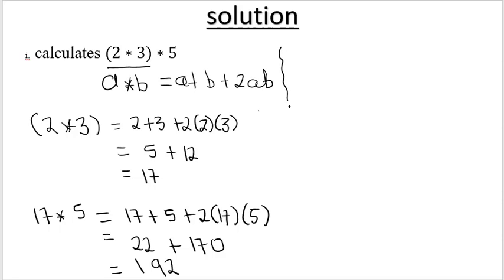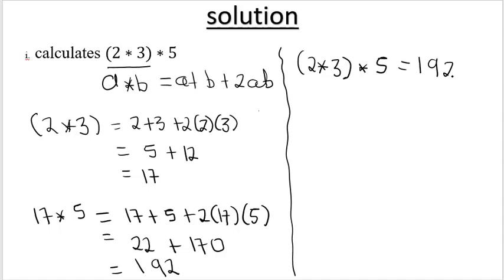So it implies that 2 star 3 star 5 is equal to 192. So that is part (i).